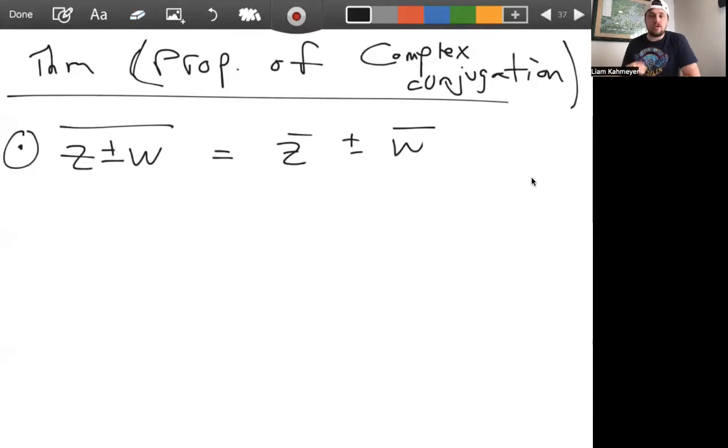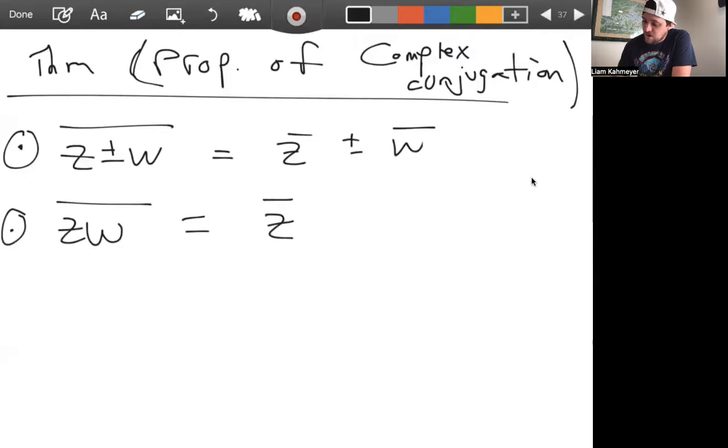Right? So you can either compute the sum first and then take the conjugate of the sum, or you can compute the conjugate of each number and then take the sum or difference of the conjugates, and those are the same thing. We also have that property for the product. So you can either take the conjugate of the product, or you can take the product of the conjugates, right?